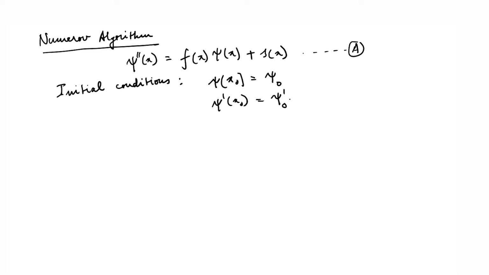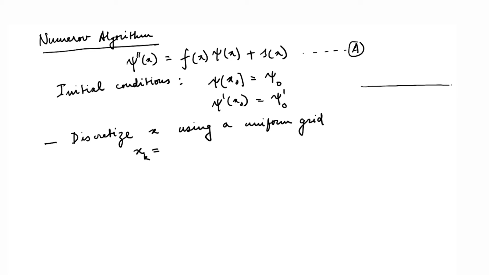So, this is what we want to solve, and we want to solve it for a complete range of x. So, what we need to do is discretize x using a uniform grid. So, x at the kth point of my grid: suppose this is my integration range, say from a to b.